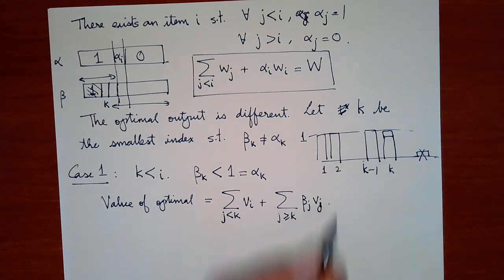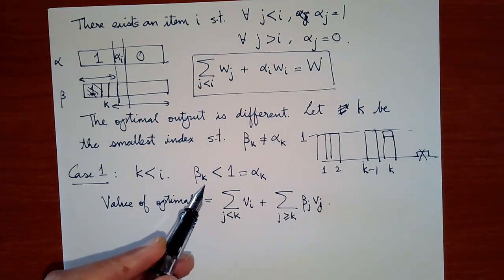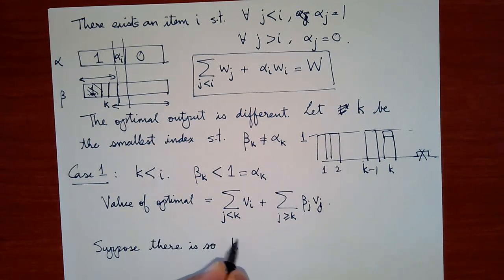That's the value of the optimal. Now, beta k is strictly less than 1. Now, suppose there is some, I'll call it k prime greater than k, such that beta of k prime is strictly greater than 0.